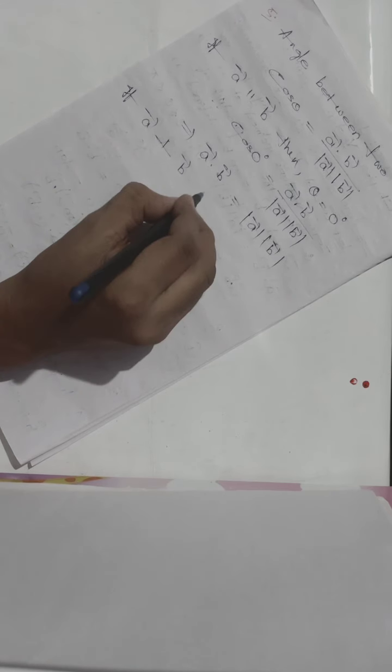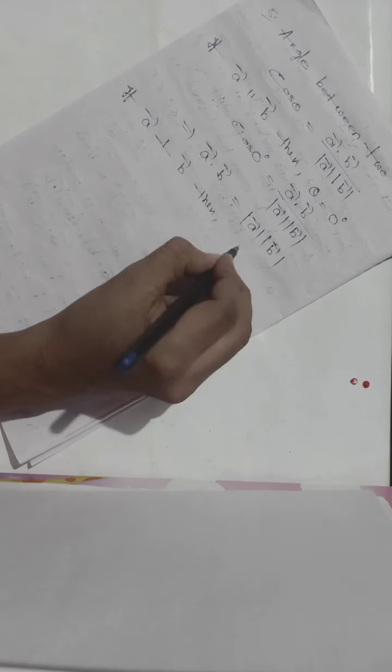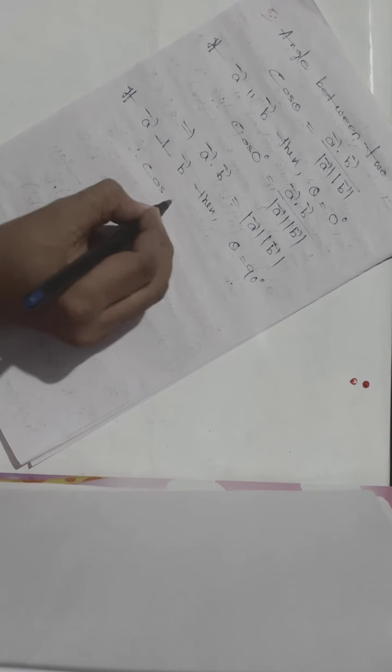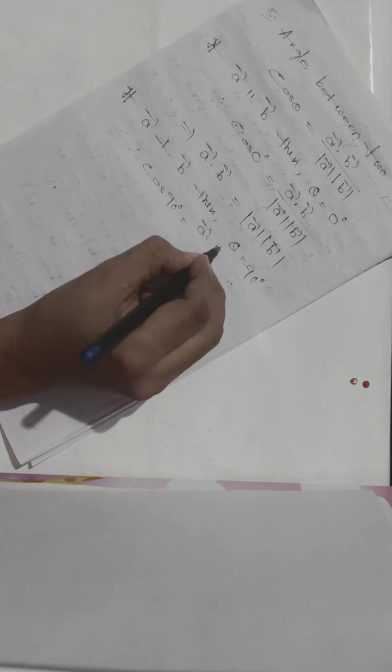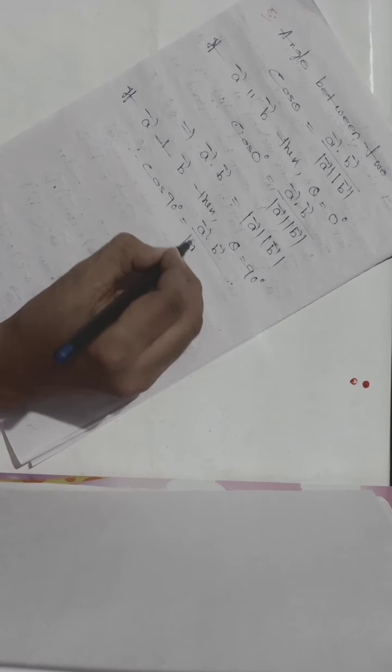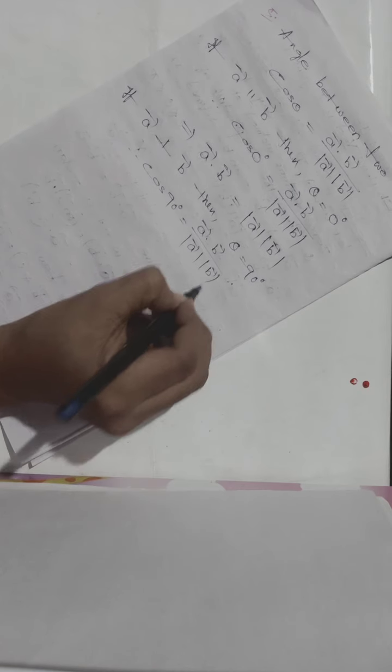If A vector is perpendicular to B vector, then theta equals 90 degree. So cos 90 equals A dot B by mod A into mod B. So cos 90 is 0.